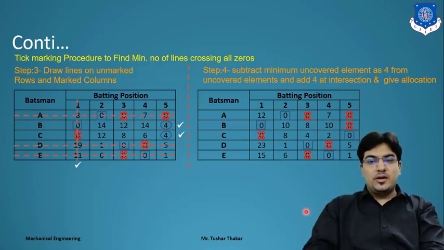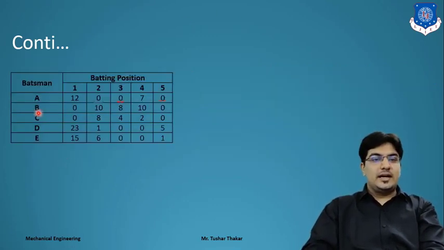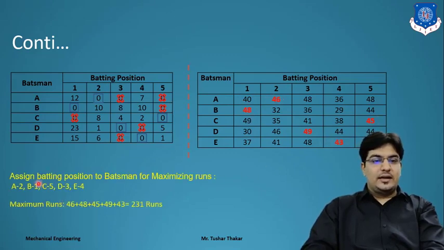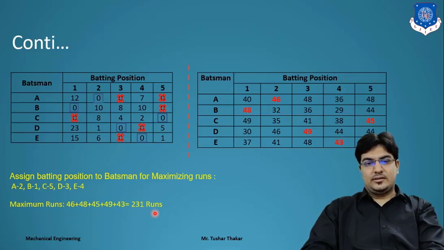This is option 1 over here, so we get the answer as 46, 48, 49, 43 and 45, and we assign the batting positions to the batsmen for maximizing the runs. We get 231 runs over here.